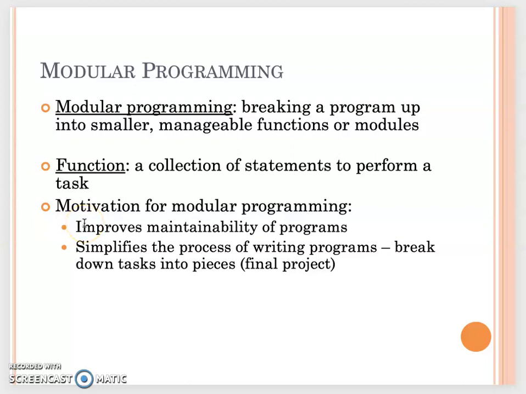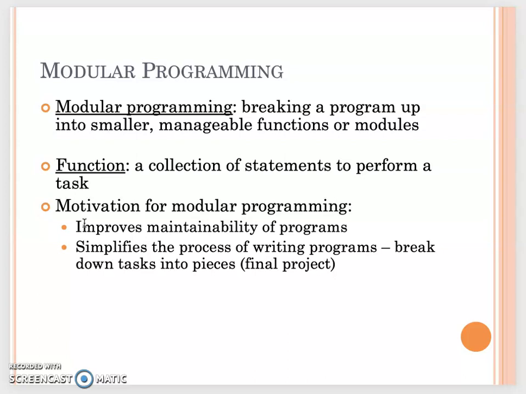So why do we need a function? That's what we call modular programming. You're breaking a program up into smaller, manageable functions or modules. So far, we have been processing more data and user input, like in event-driven programming.